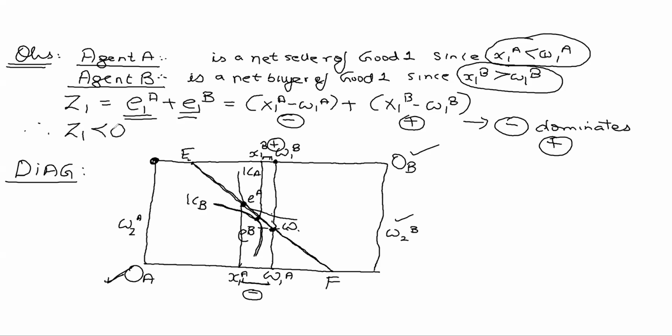And when I say that Z1 is negative, what does this mean? This means that there is excess supply of good 1.